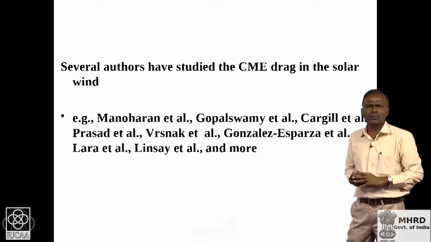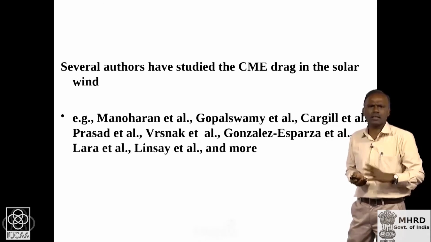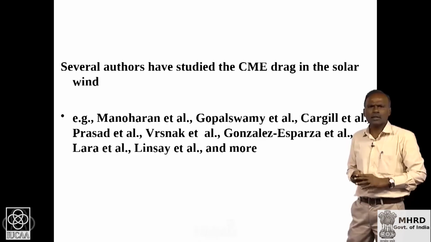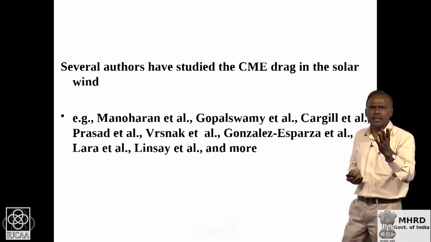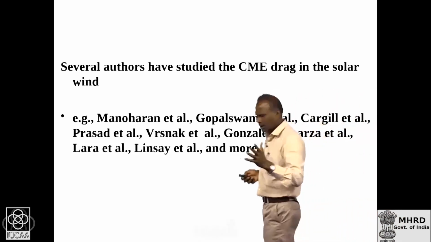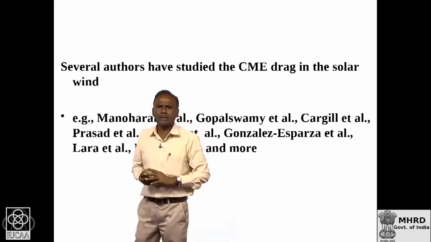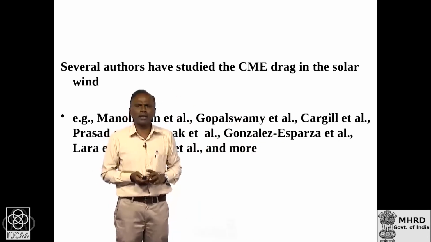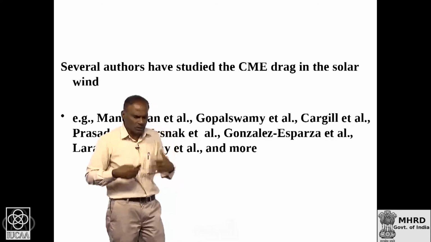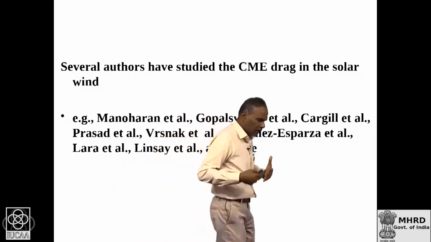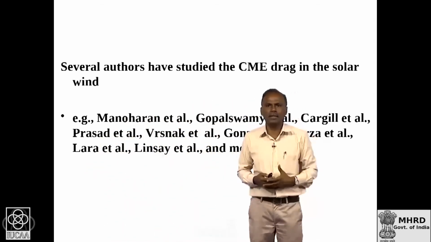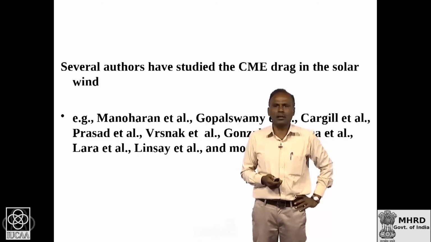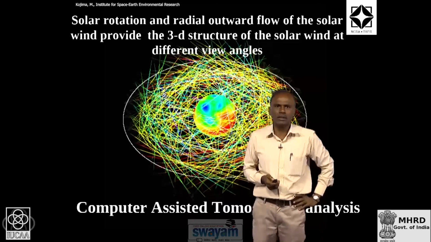For example, Manoharan et al., Gopalswamy et al., Gargil, Prasad and Vršnak, Lindsay, Lara, they all studied the drag imposed on CMEs due to the ambient solar wind. That plays an important role in shaping the speed profile of the coronal mass ejection.